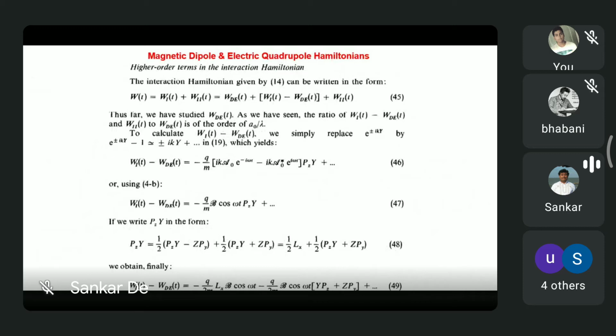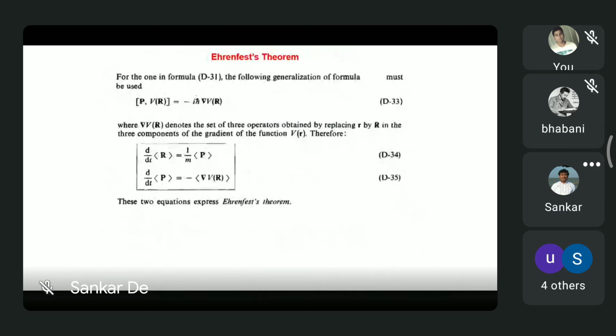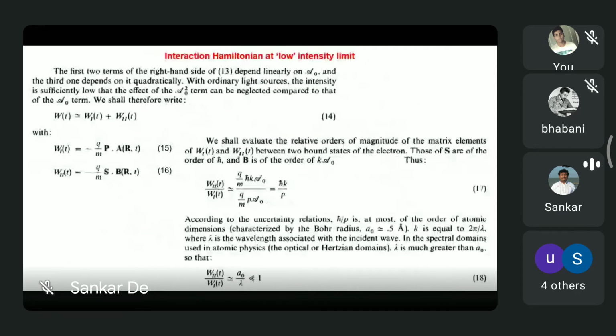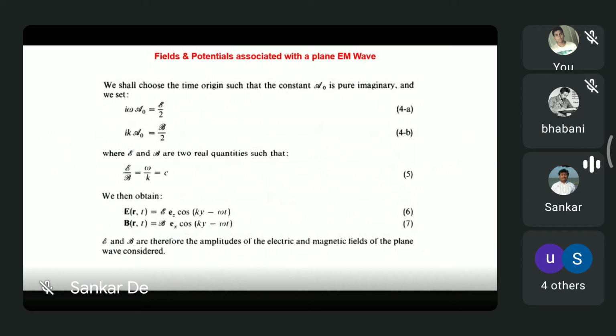So we put that in, and we found from equation 46 that, since we have a term of i k A0, this i k A0 is actually equal to B by 2. This we defined before. So i omega A0 is E by 2, i k A0 is B by 2.